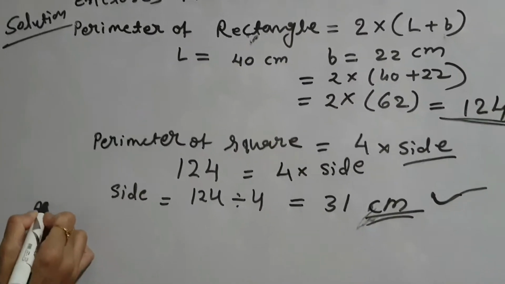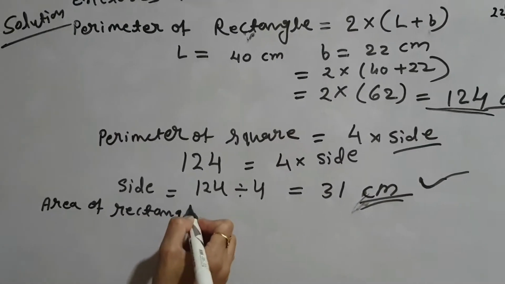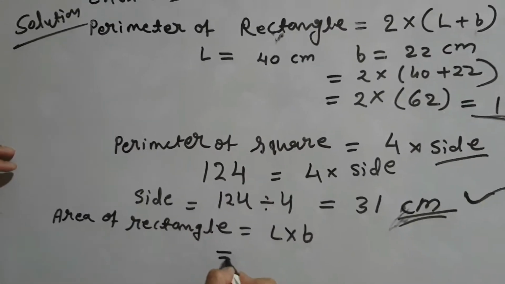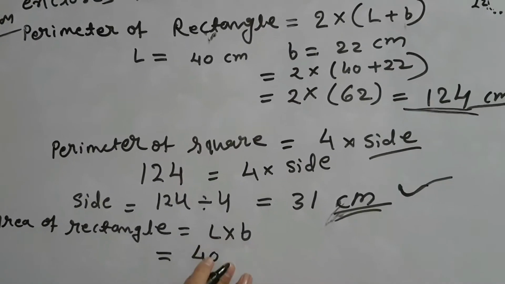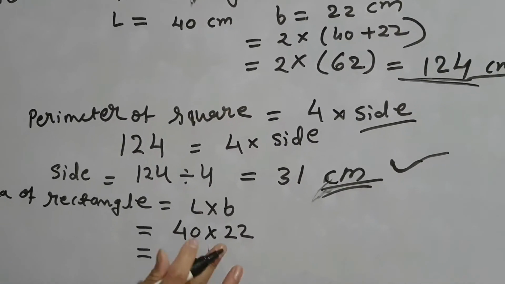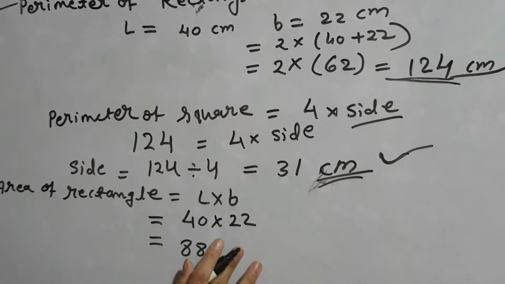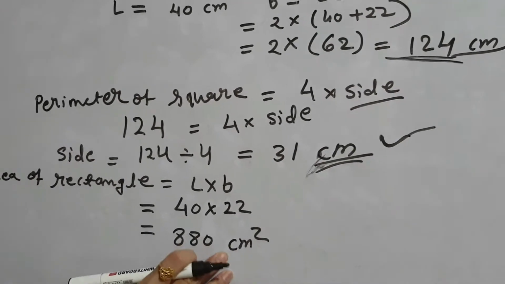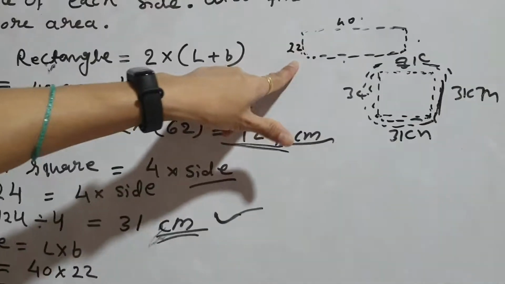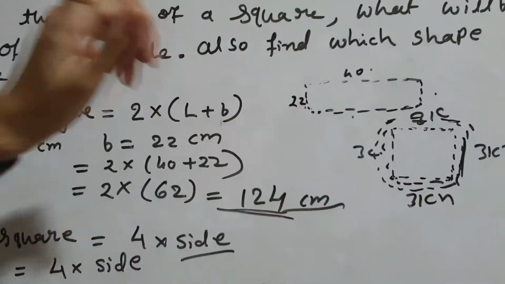First we find out the area of the rectangle. Area of the rectangle is length multiplied by breadth. Length is 40 centimeter, breadth is 22 centimeter. So 4 2s are 8, 4 2s are 8. This is square centimeter. 880 square centimeter is the area of the rectangle. Now we also find out the area of the square.